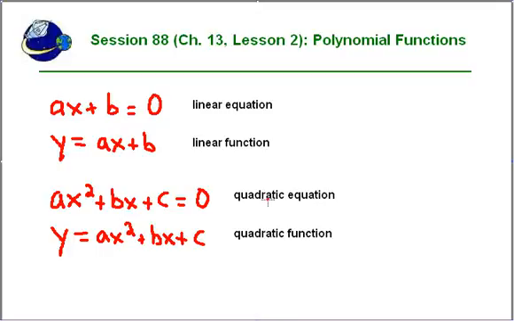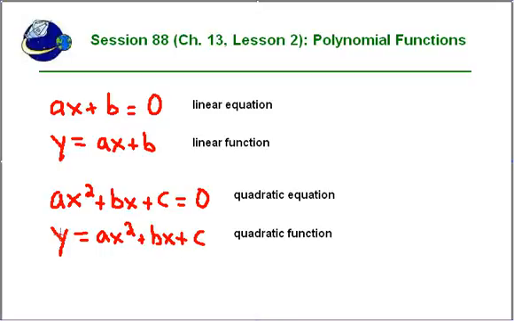The same is true of a quadratic equation compared to a quadratic function. A quadratic equation in standard form has just one variable in it, x, and it's in the form of ax squared plus bx plus c equals 0. In this case, at most, this quadratic equation is going to have two solutions. But when we've introduced our second variable, y, and made a function out of it, we still kept our ax squared plus bx plus c on one side of the equation.